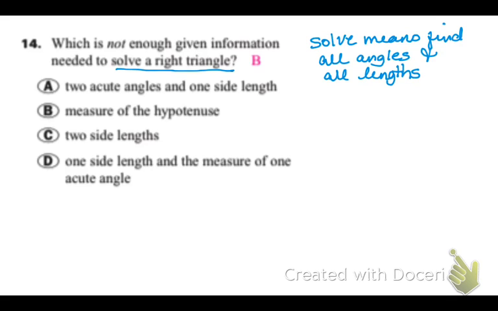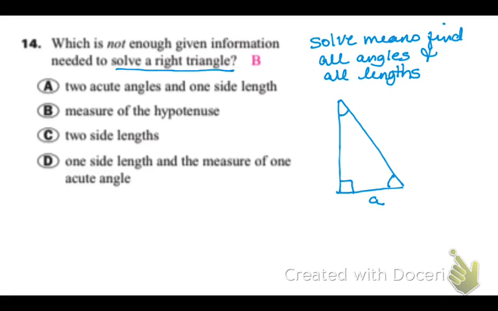Okay, so let's look at here. How would we be able to find all angles and all lengths? Notice that it does not ask you to find them, it just asks how you would find them. So if we were given two acute angles and one side length, let's say A, could we figure out all the angles and sides?